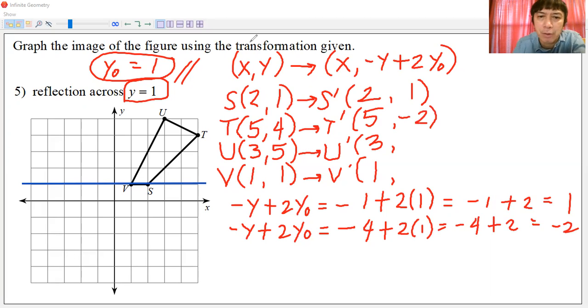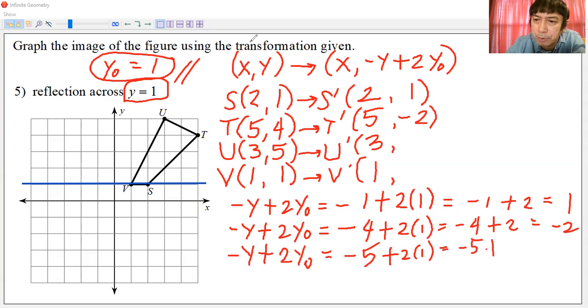Okay, we continue now with the next. Negative y plus 2 times y of 0. Negative of the y value for letter U, it's a 5. Plus the same 2 times 1. Negative 5 plus 2. Negative 3. And then the last one.